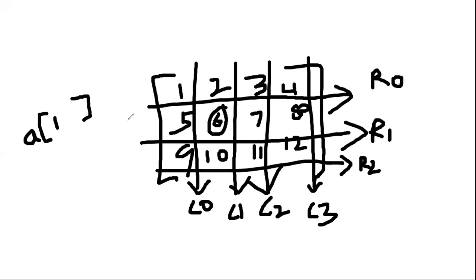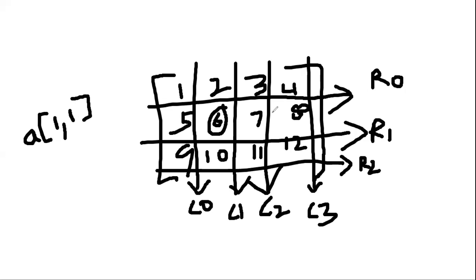I separate row and column with a comma. Then we specify the column number in which this 6 is present. It is present in column 1, so I am specifying 1 comma 1. If you specify A of 1 comma 1, we are accessing this element.